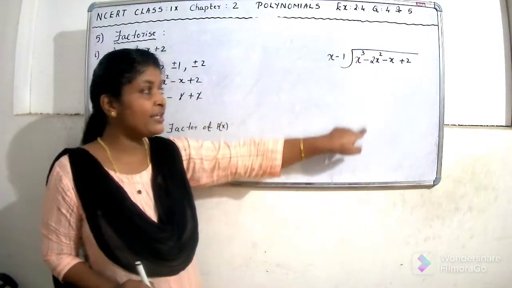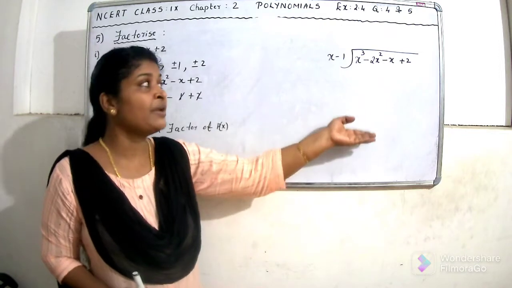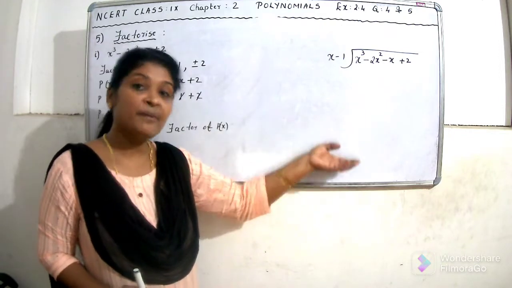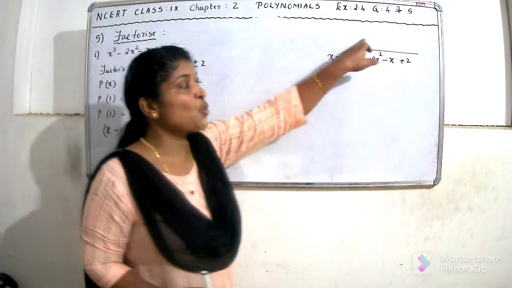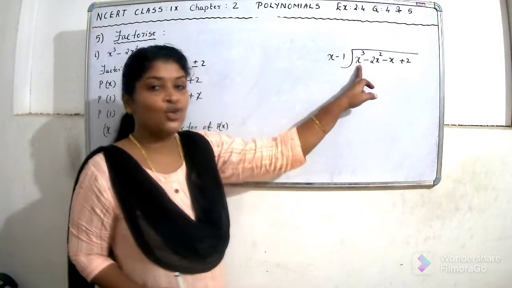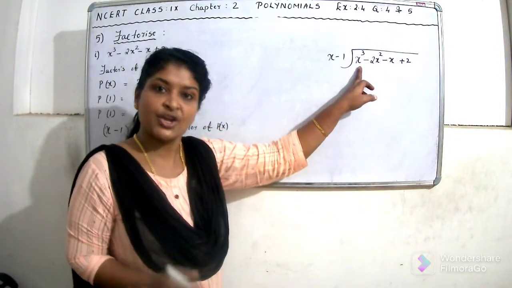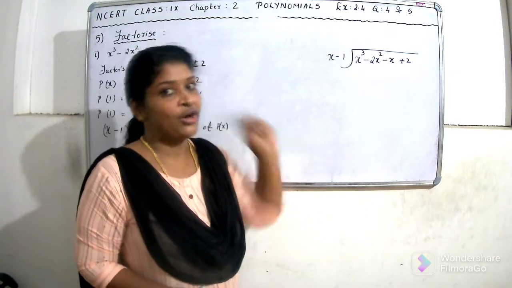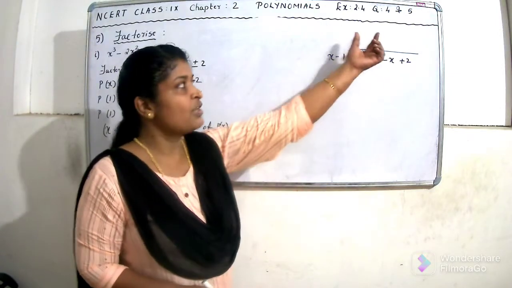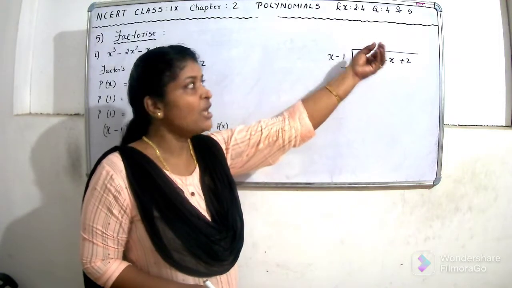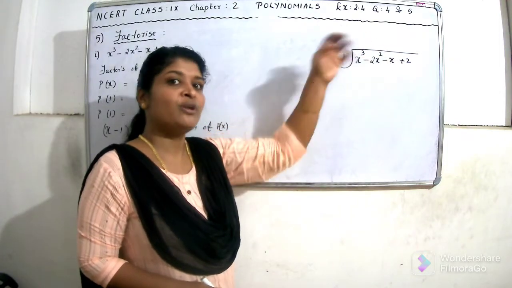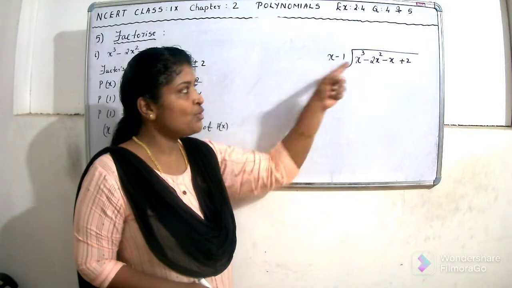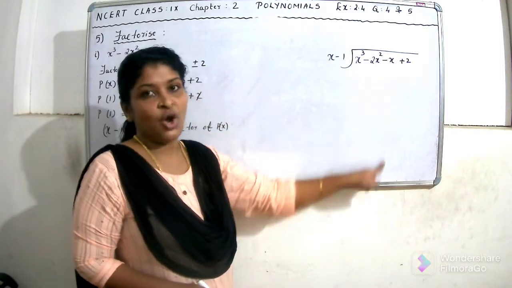If we use the remainder theorem, we will get only the remainder, but here we need the quotient. The dividend is a cubic polynomial, so the quotient will be a quadratic polynomial, and that quadratic polynomial we have to split again. So let us do this long division.